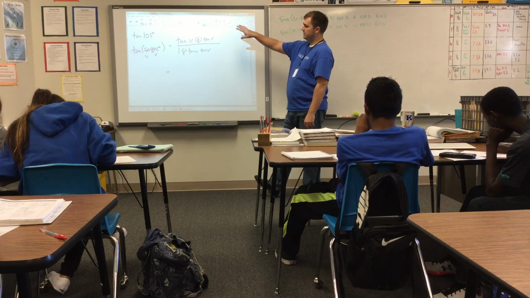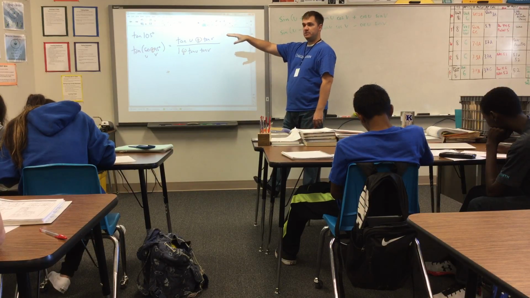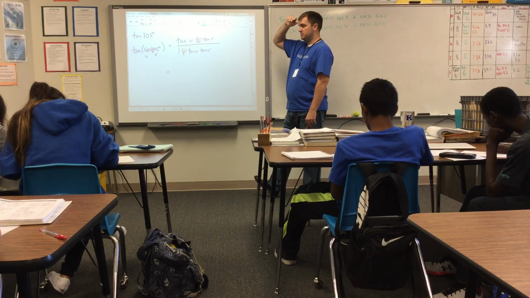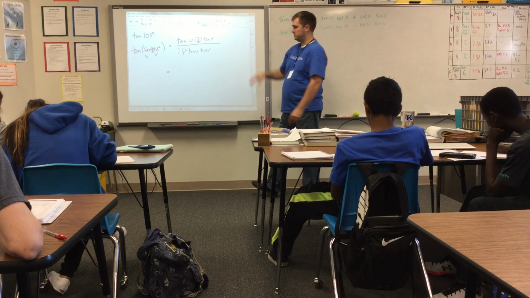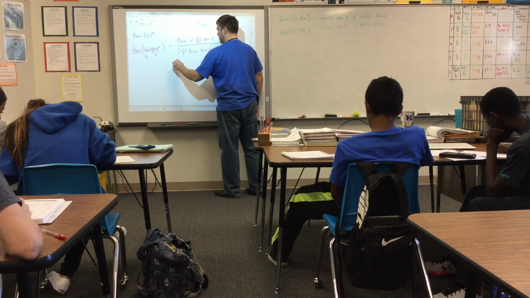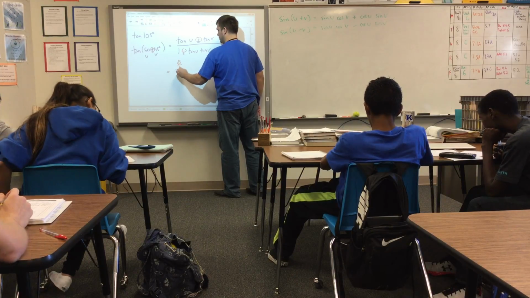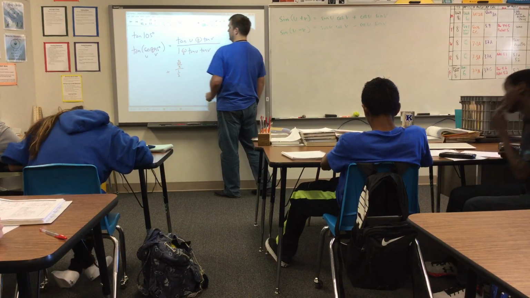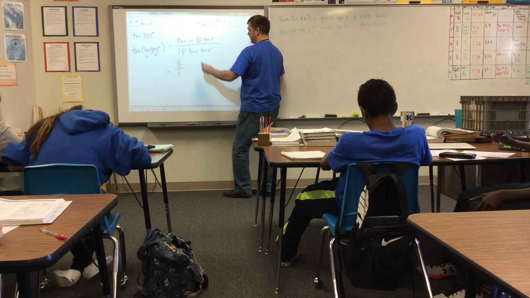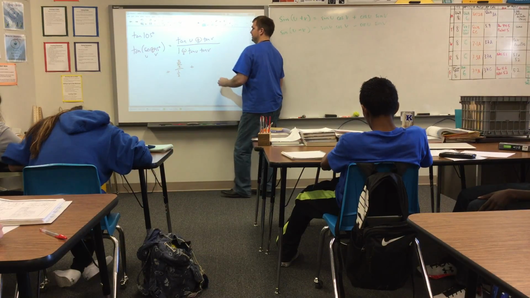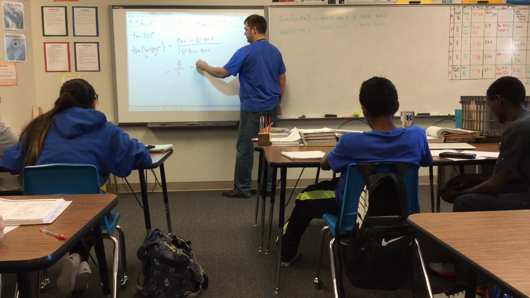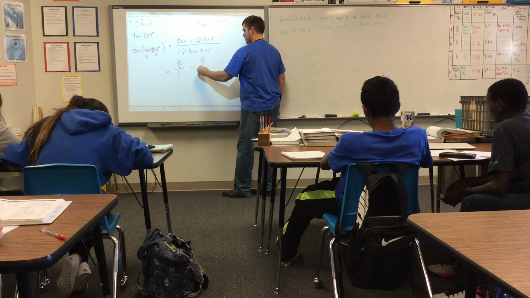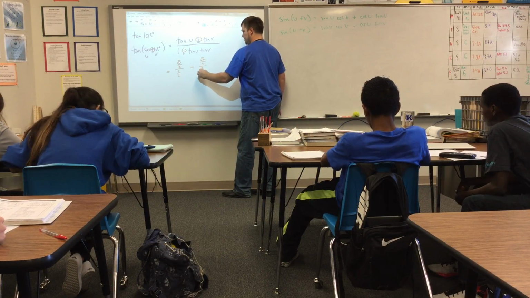So tangent of u for 60 degrees is the y over the x. Okay? So root 3 over 2 over 1/2. Plus tangent of 45. Root 2 over 2 over root 2 over 2.